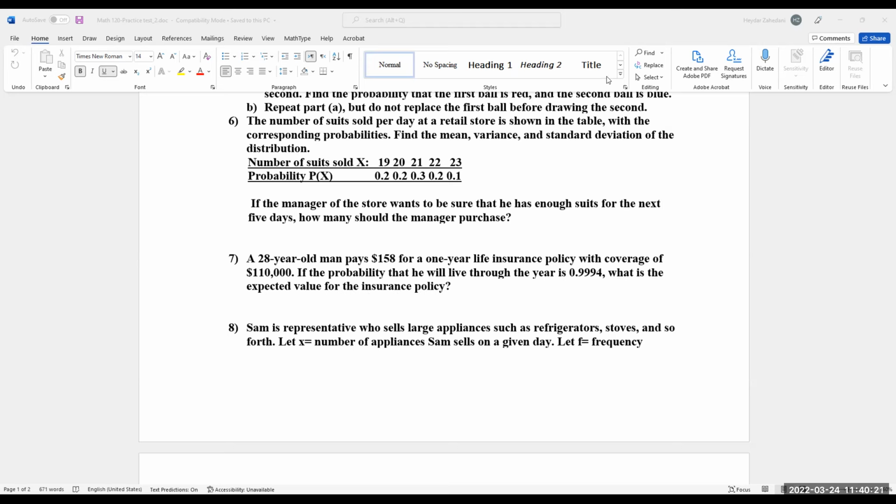As we did before, the only difference is the point of view of the company, not the person involved. Let's just explain the facts about this problem, number 7.